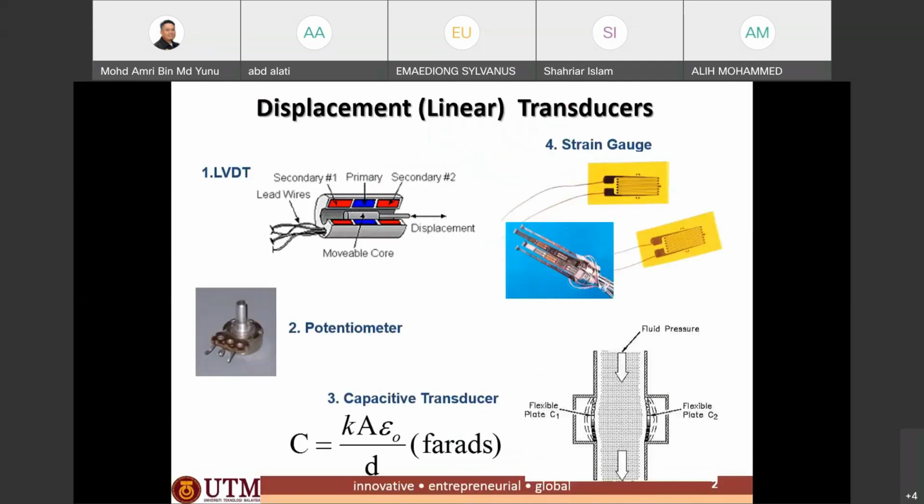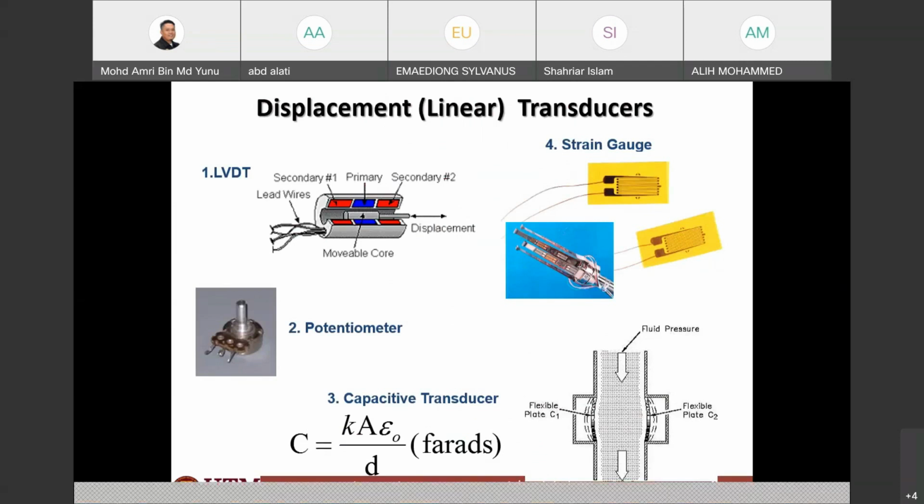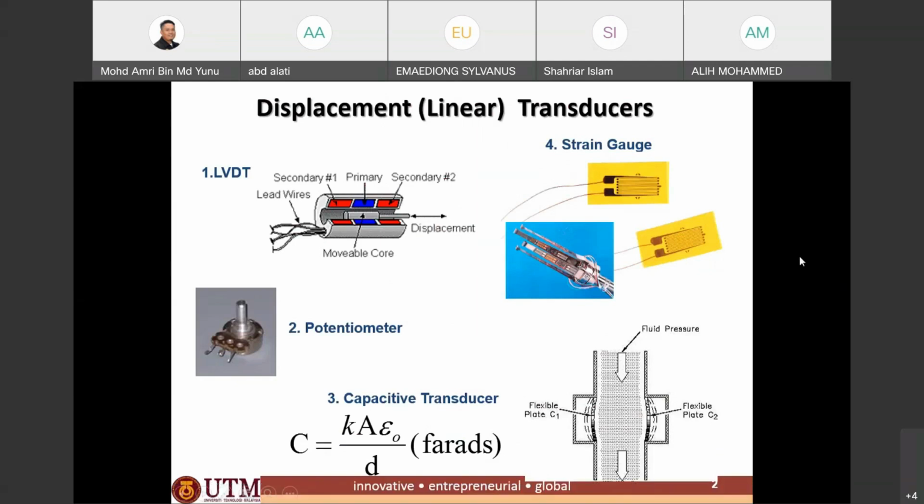Basically, in this part of the lesson, we will look into the application of LVDT, potentiometer, capacitive transducer, and strain gauge in displacement transducers.